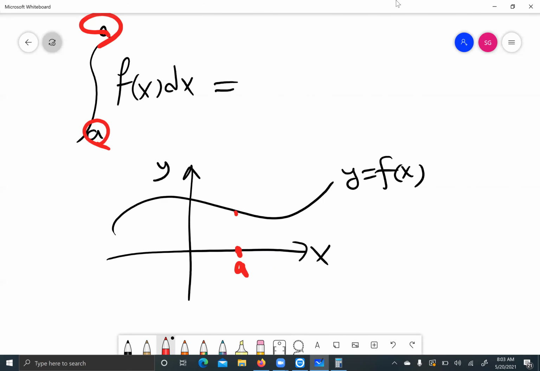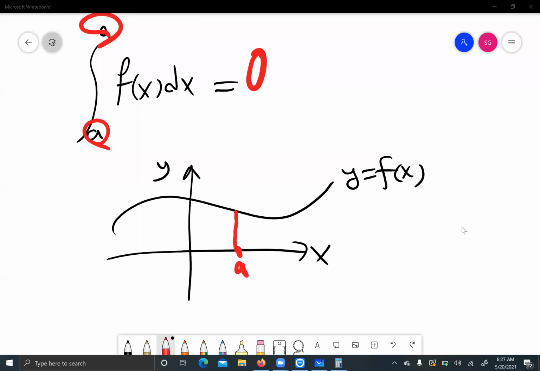So there is no area. My point is that when the starting point and ending point are the same, no region, no space is created. When there is no region, there is no area. So the area is 0. Since the area is 0, therefore the integral is also 0.